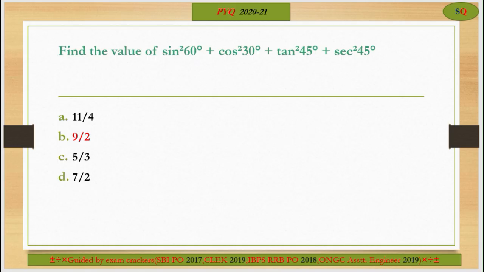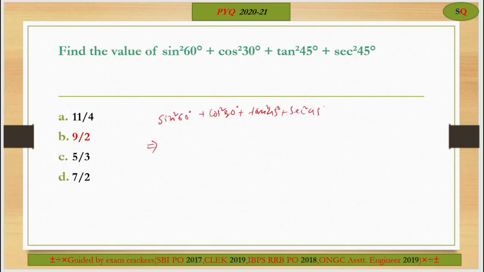Next, find the value of sin square 60 plus cos square 30 degree plus tan square 45 degree plus sec square 45 degree. To do these questions, just we have to know the value of sin, cos, tan, sec. So sin square 60 degree plus cos square 30 degree plus tan square 45 degree plus sec square 45 degree.